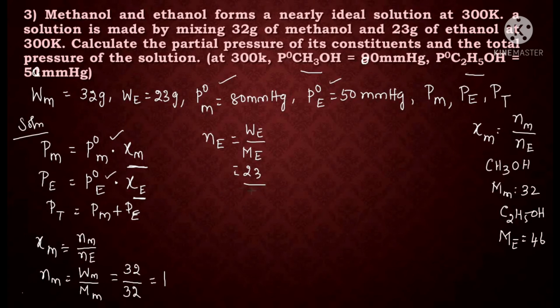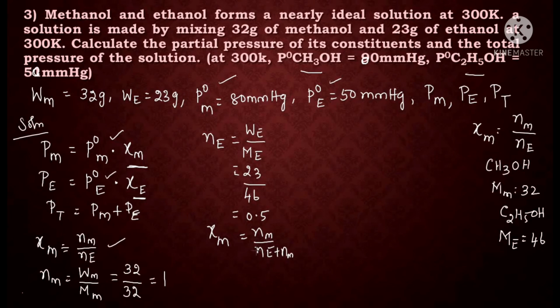Okay, so now 23 divided by 46, the answer is 0.5. Understood, students? Now it is possible to calculate the mole fraction of methanol. So mole fraction of methanol, I use this formula, Xm is equal to Nm divided by Nm plus Ne. Understood?